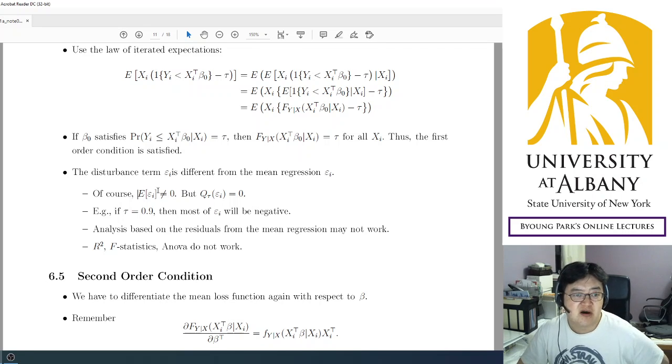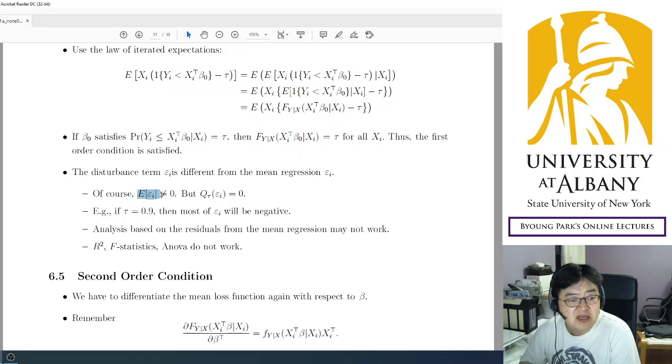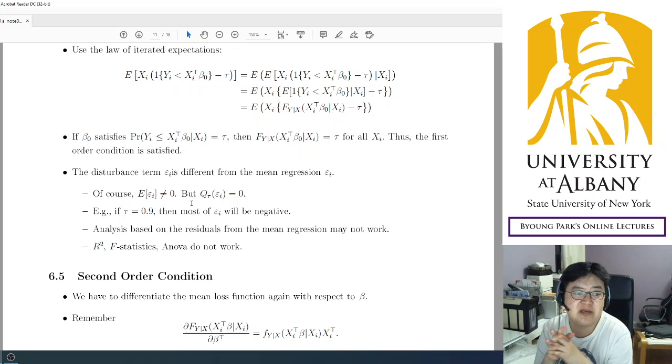This is often mistaken by students. Another important thing here is that now you cannot use demeaned variables. Demeaned variables do not work anymore because we are using quantiles, not the mean.